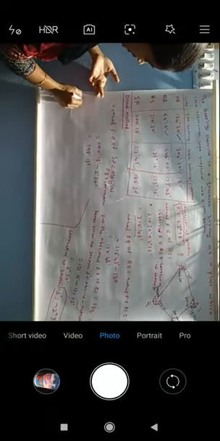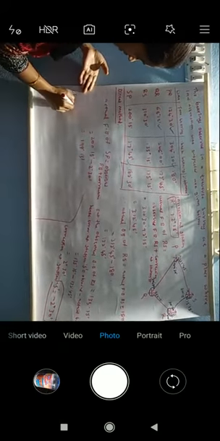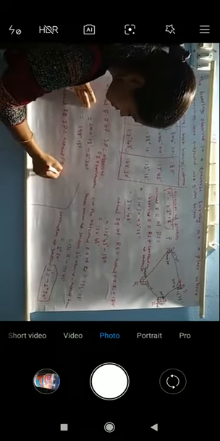Then check the values. Why? We know the actual back bearing of SP line as 17 degrees 45 minutes. So whether it is correct or not, we have to check. Actual back bearing of SP is equal to actual forebearing plus or minus 180.